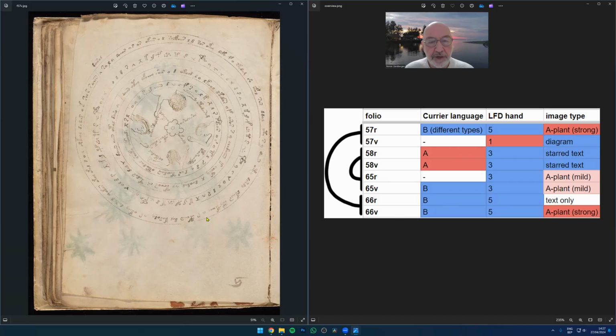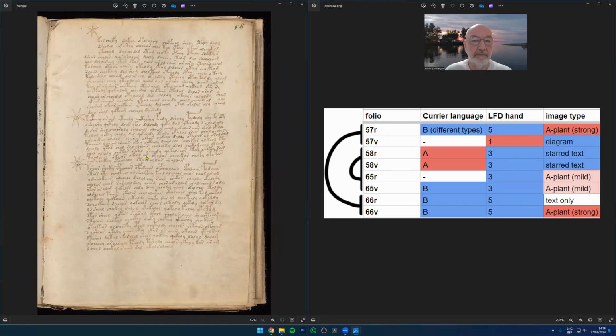Well, most circular diagrams are in between A and B, which is what I now call C language. But that's a thing for later. We'll do a video about that later. I think that would be worth doing. Yes. But it's in between. So this is more like A, and certainly the earlier zodiac diagrams. So the beginning of the zodiac section is more A-like, but they are in between A and B.